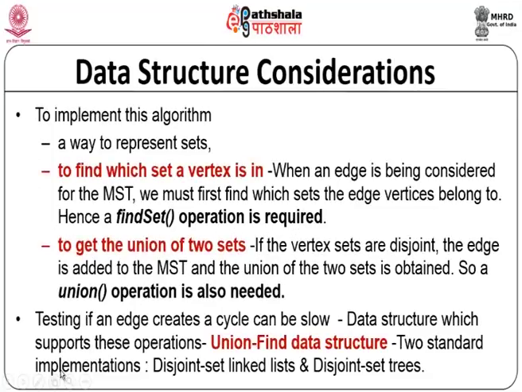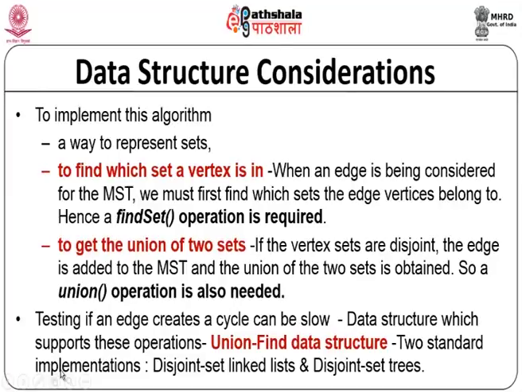Okay. Now, to implement this algorithm, let us look at the data structure considerations. You need a way of representing sets. After all, the nodes and the edges together form sets. Now, when you have an edge, you have to find out which set the vertex comes in.